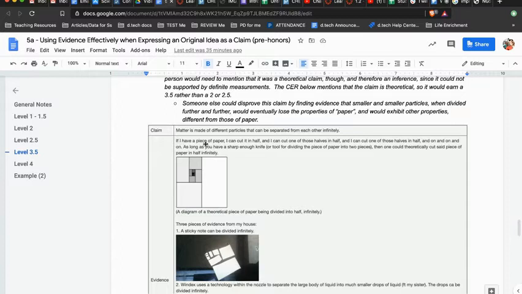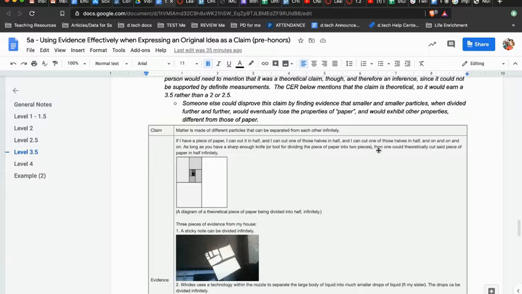I could take a piece of paper, cut it in half, cut one of those halves in half, and cut one of those halves in half. There's a model that really clearly shows me what I should be doing, so I could actually go do that. And then they specify, as long as you have a sharp enough knife or tool for dividing the pieces of paper into two pieces, one could theoretically cut said piece of paper in half infinitely.